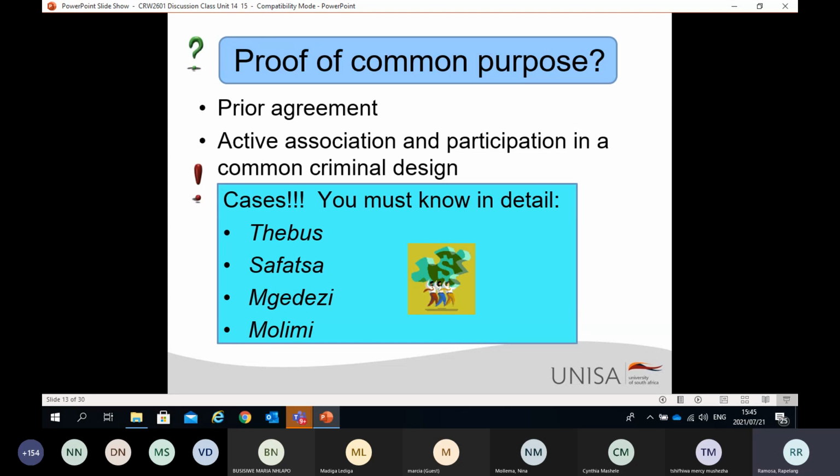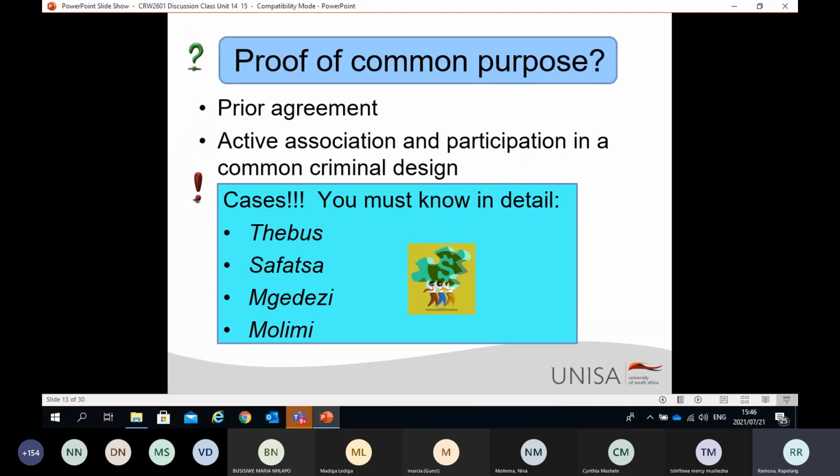Now, it is usually difficult to establish that there is agreement amongst a group of people to achieve a certain result. However, I think it can be fairly concluded if, for example, you have a gang or a group of people that are usually robbers of cash in transit vehicles, or a syndicate that robs malls, or a syndicate that is involved in instigating certain violence or certain acts of treason, so to speak.